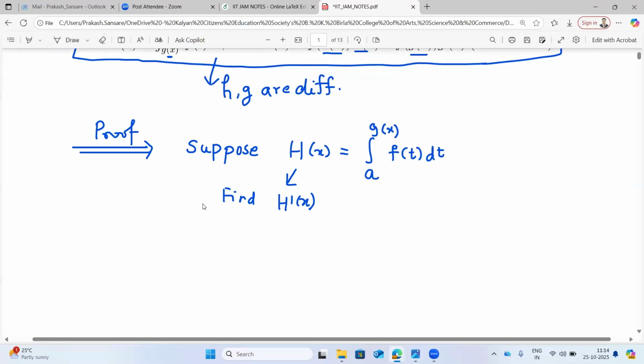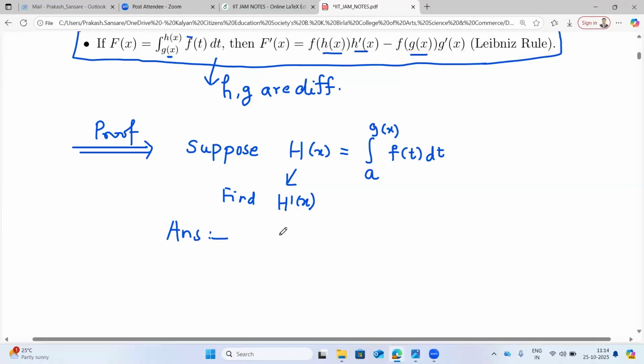The answer to this is very clear. You first have the indefinite integral of f(t). So F(x) is the indefinite integral from a to x of f(t) dt.